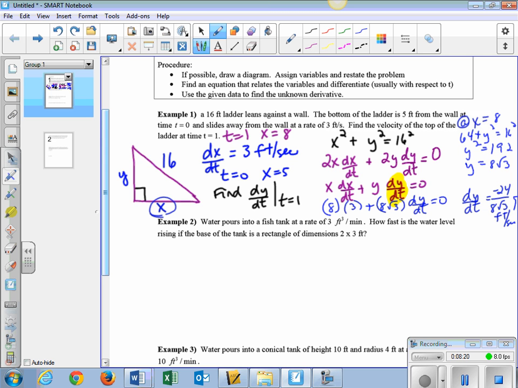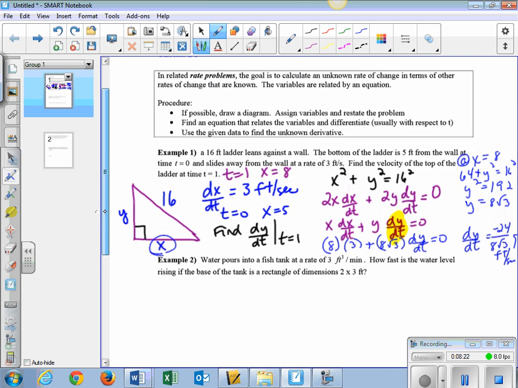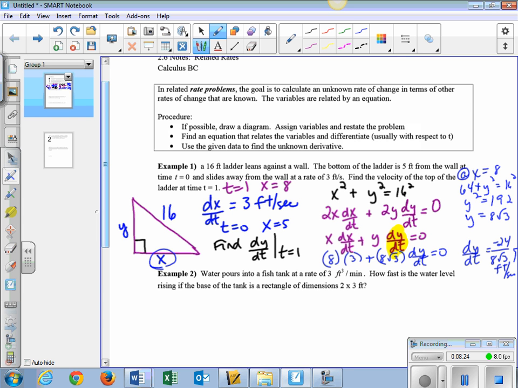Now, whenever you do a related rate problem, I always go back and look at the question. It says, find the velocity. So you have to give me a little sentence here. And again, I have no room to write it, so I'm going to write it above where it says Example 1. This is how you finish up your problem.